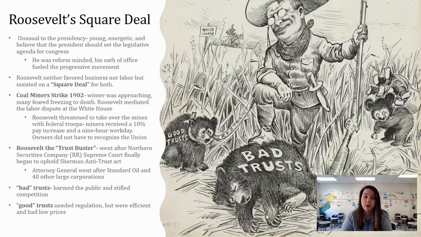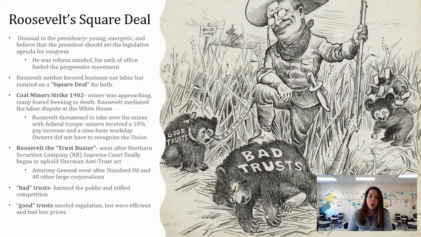But one thing that's different about him and how he shaped the presidency was this idea of what he called the bully pulpit. He believed that because he was in this position where he had the attention of Americans as president, he was going to use that powerful position to convince Americans and legislators about policy.